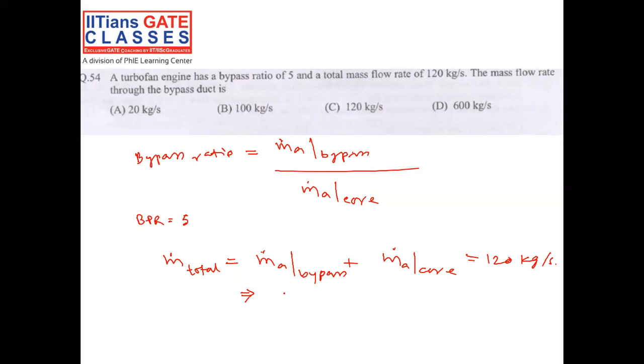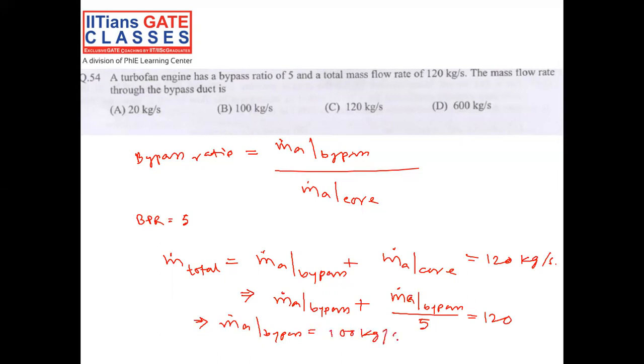So for this particular problem, if we solve this equation, we'll get the bypass mass flow rate as 100 kg per second. B is the correct answer.